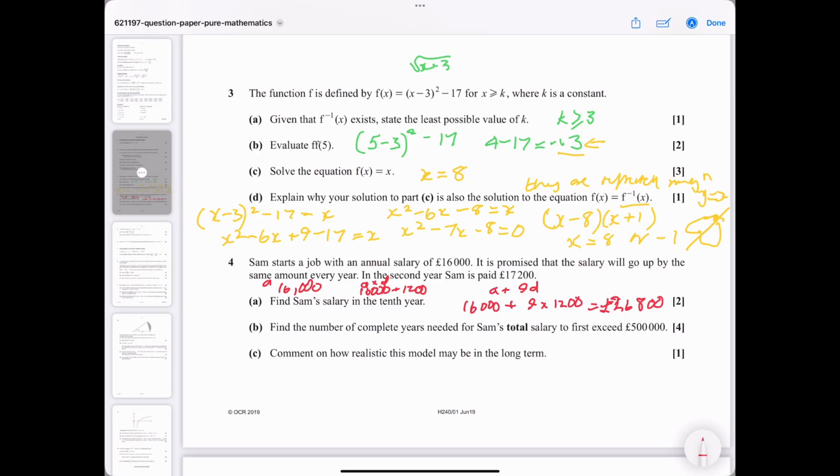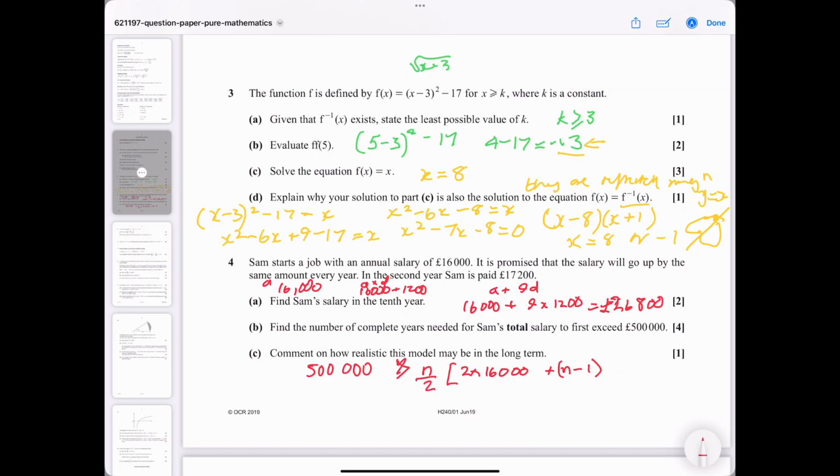Now find the number of complete years needed for Sam's total salary to exceed 500,000. So we're going to have to use the arithmetic series sum. The sum has got to be 500,000, and n we don't know, so that's n over 2, and then 2a is 2 times 16,000, plus n minus 1 times d.